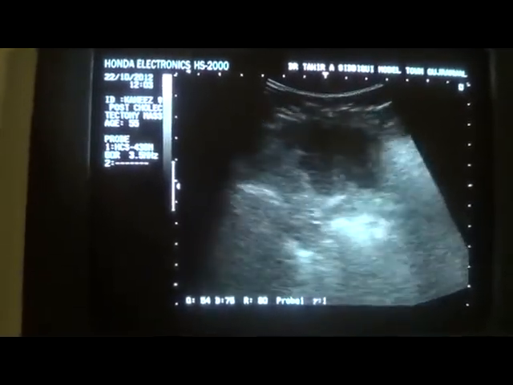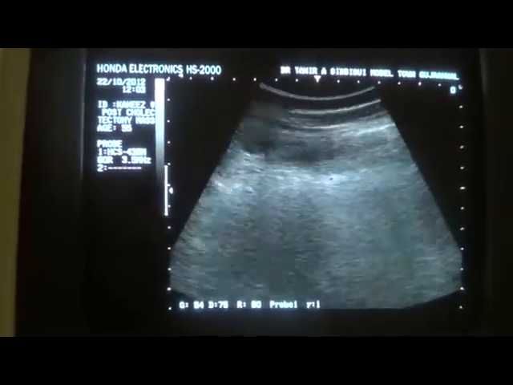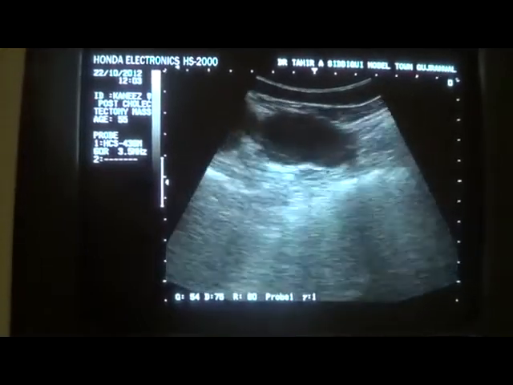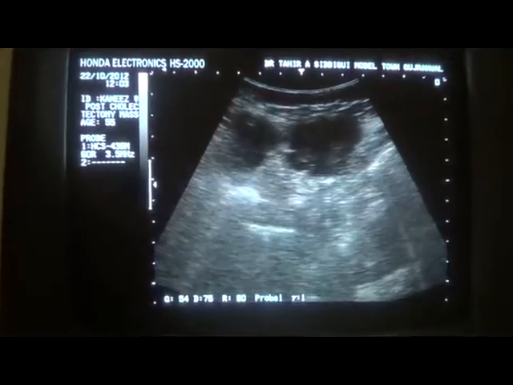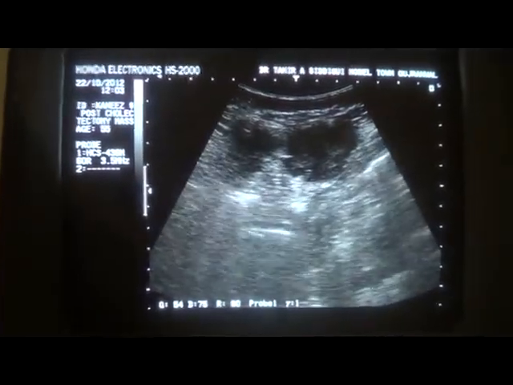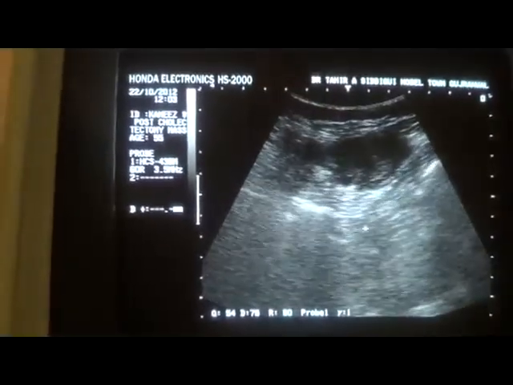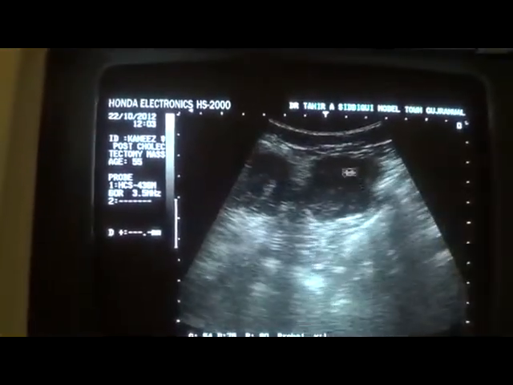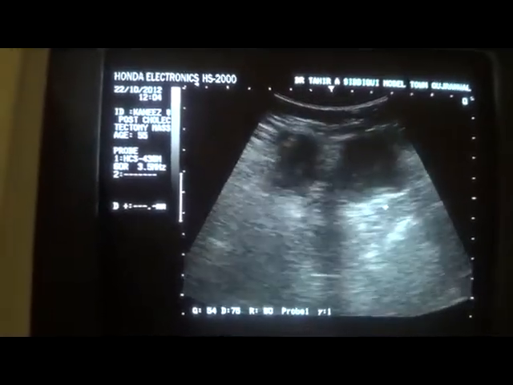See that they do not move with the intraperitoneal. This is the intraperitoneal region. They do not move with the respiration. They are fixed in their location.